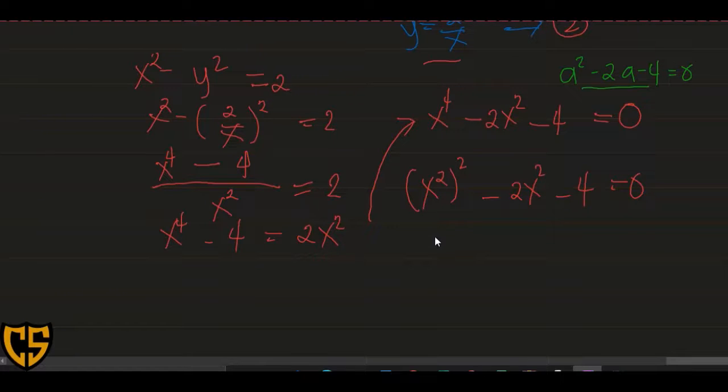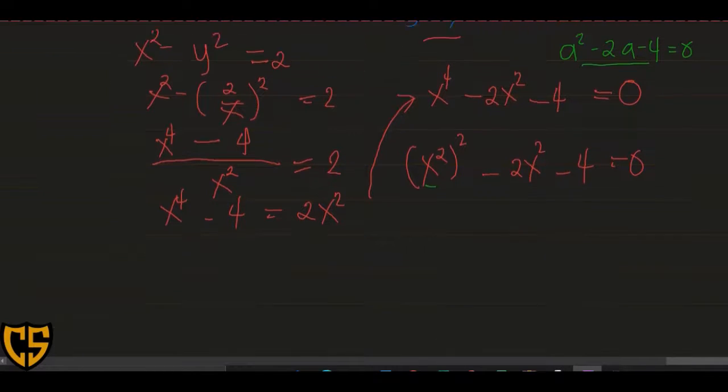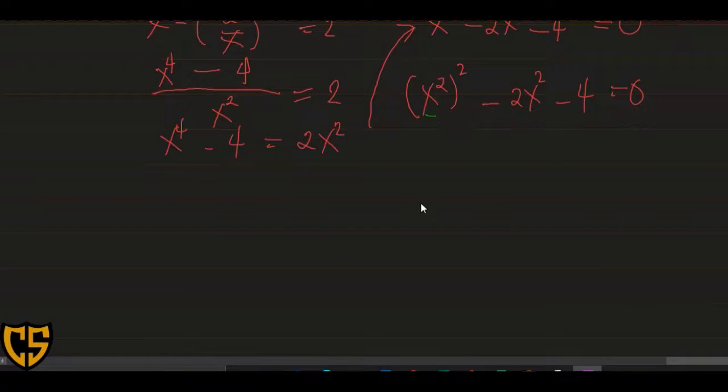So now we are going to find the value of our x by, in this case, you are going to find the value of x squared by using a quadratic formula. So what is the equation of quadratic formula? So to find the value of x squared, we have negative b, b naton is negative 2, so we will have plus minus square root of b squared minus 4ac.